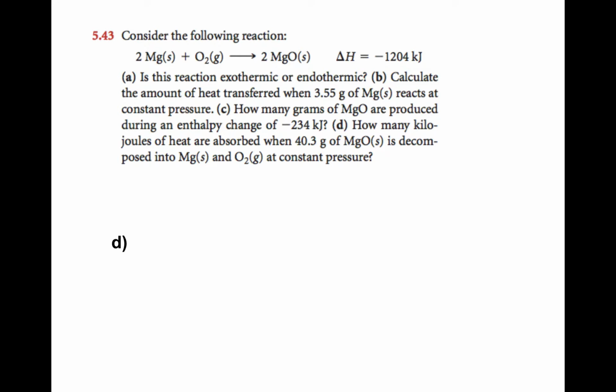All right, problem D. How many kilojoules of heat are absorbed when 40 grams of magnesium oxide solid decompose into magnesium solid and oxygen gas at a constant pressure? All right, so what they're saying is we're doing the reverse reaction.